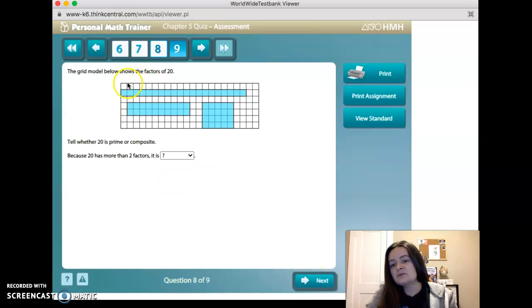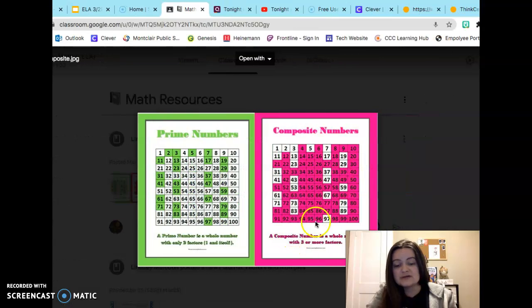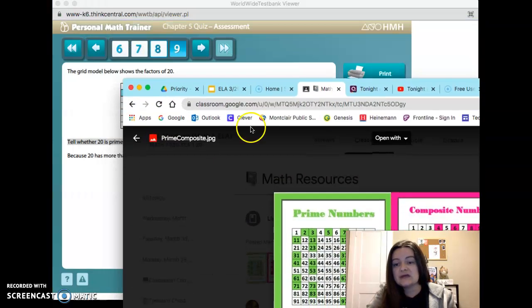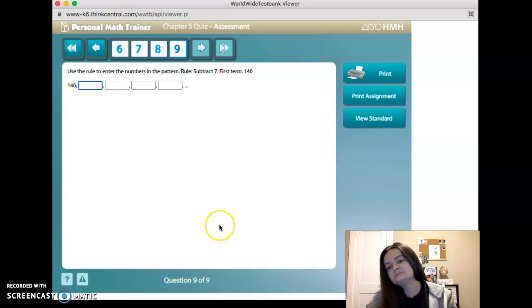The grid model below shows the factors of 20 in arrays. Is 20 prime or composite? I know it's composite because, using this chart again, a composite number is a whole number with 3 or more factors, and a prime number has just 2 factors, one and itself. And I know that this is not one and itself. So I click composite, go to the next one.